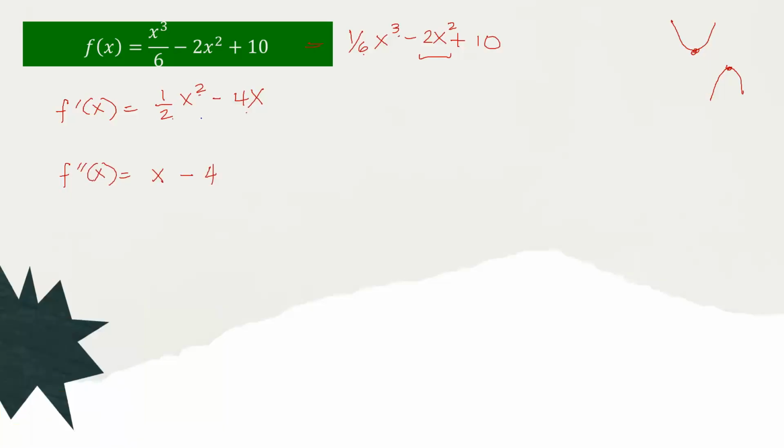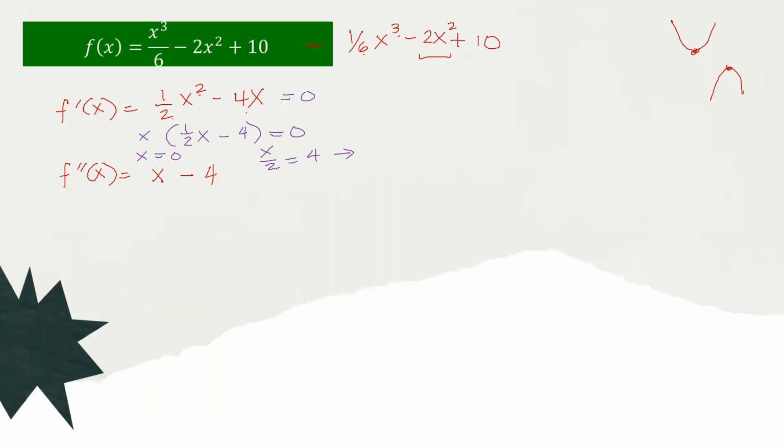Okay. So if we equate this to 0, common factor here is x. So we have here 1/2 x minus 4. Yan. So this is equal to 0 if x here equals 0 and if 1/2 x or x over 2 equals 4.